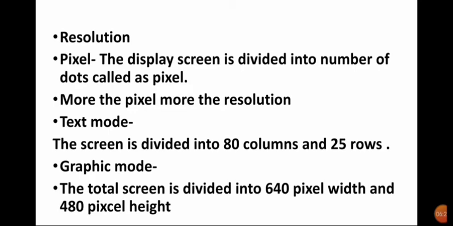Graphics mode: in this mode, the total screen is divided into 640 pixels in width and 480 pixels in height, that is 640 by 480 pixels. The overall screen is divided into that number of dots whenever graphics mode is used. Got it?